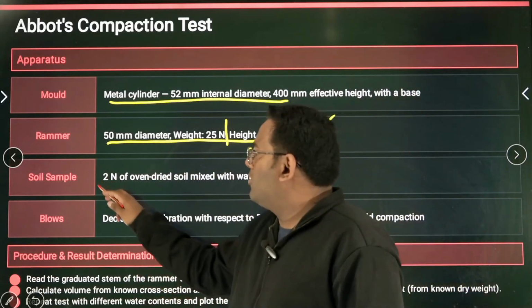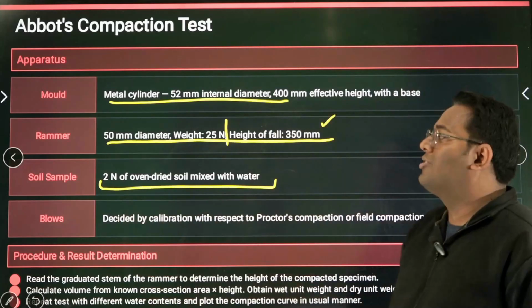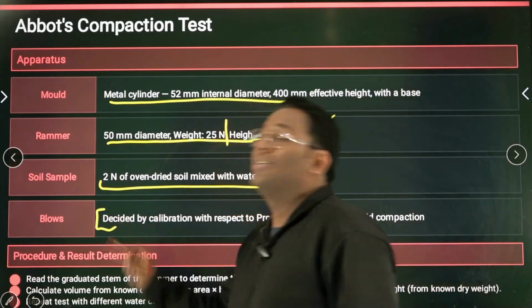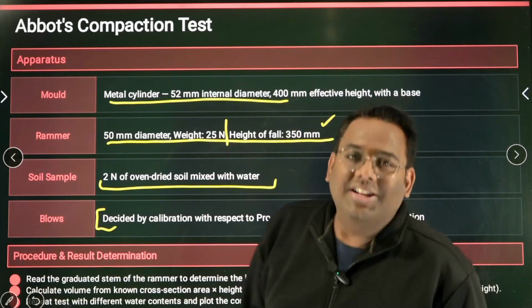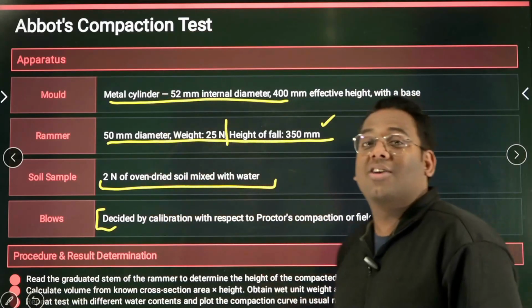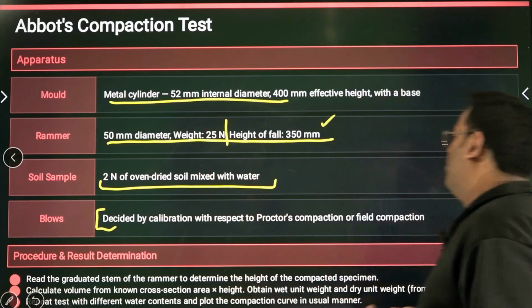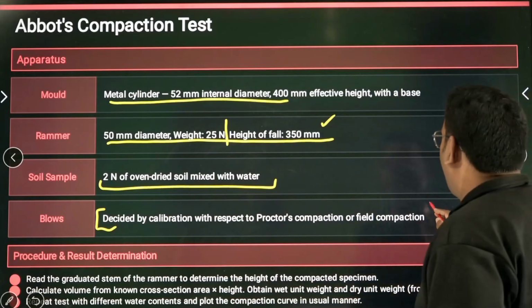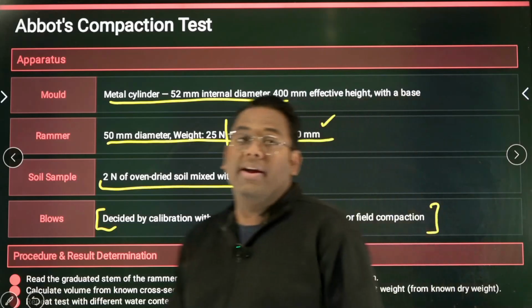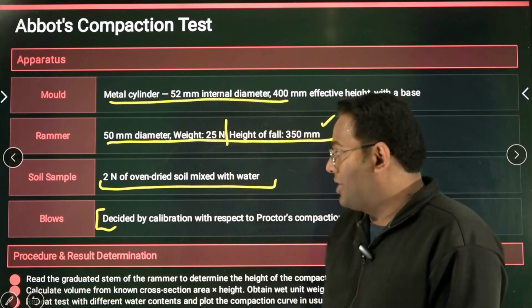The soil sample is quite small and the number of blows is not fixed. That is a slight change: in Abbott's compaction test, the number of blows is not fixed. It depends upon the calibration, what number of blows you have to provide with respect to the Proctor compaction test.